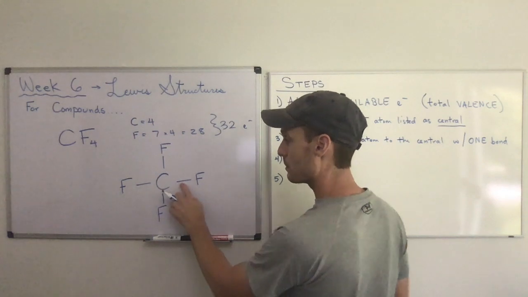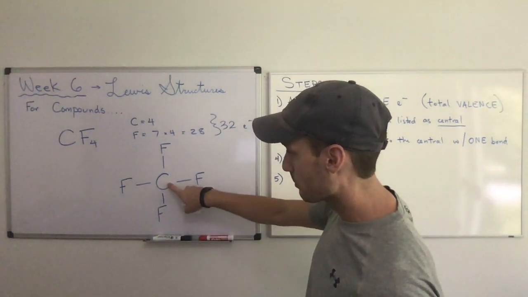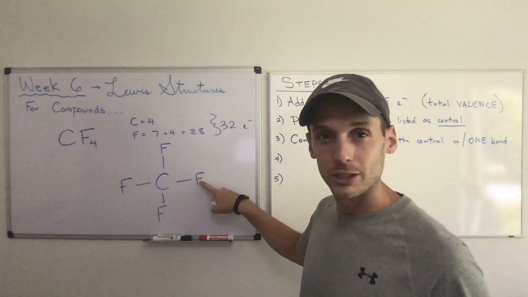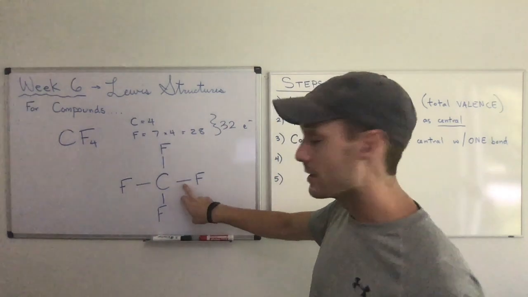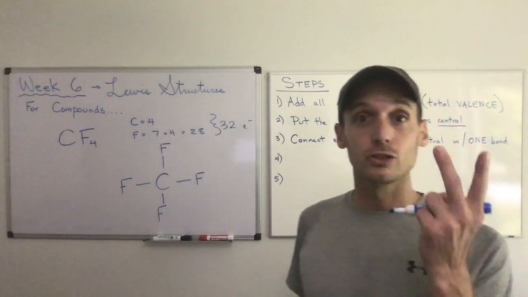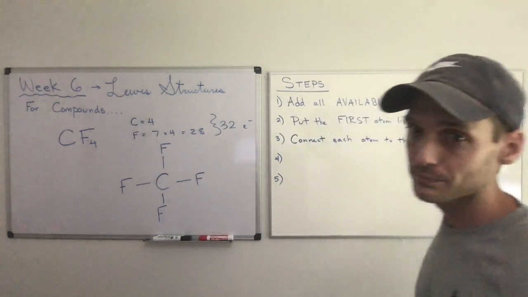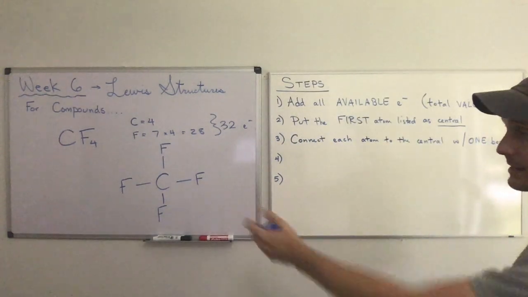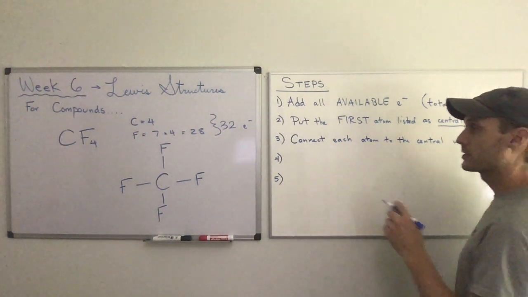So covalent bonds are sharing 2 electrons. 1 electron comes from one of the atoms, the other electron comes from the other atom. We denote that with a dashed line, but it does mean 2 electrons. They're just being shared. So that's number 3. Connect everything with a bond, which signifies 2 electrons.